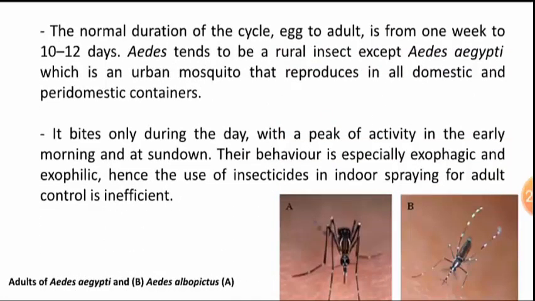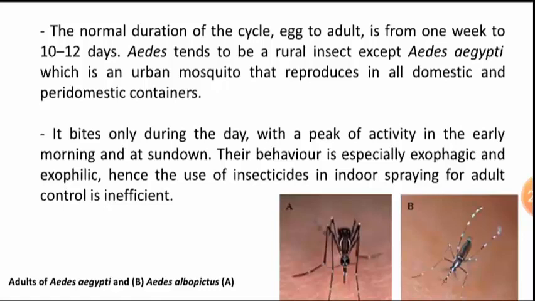The normal duration of the cycle, egg to adult, is from 1 week to 10 to 12 days. Aedes tend to be a rural insect, except Aegypti, which is an urban mosquito that reproduces in all domestic and peridomestic containers.